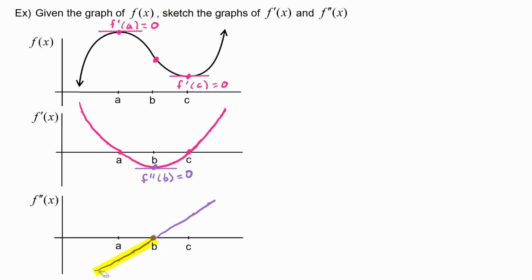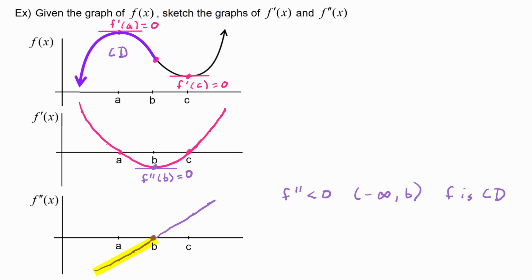Now let's make some connections here. In this region, f double prime is negative. So f double prime is negative when we are on the interval from negative infinity up to b. Now remember, when the second derivative is negative, then f should be concave down. Now let's go look at the graph of f. From negative infinity up until b, here's the shape of f, and it is concave down.